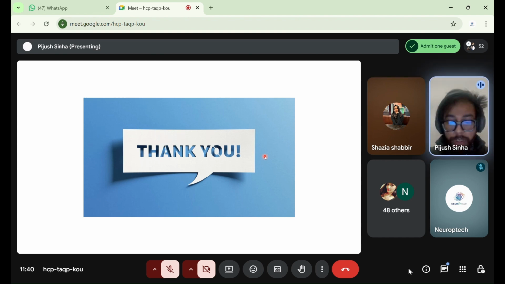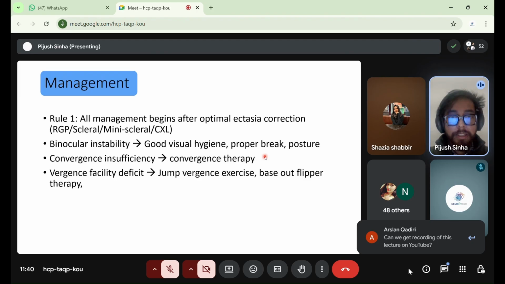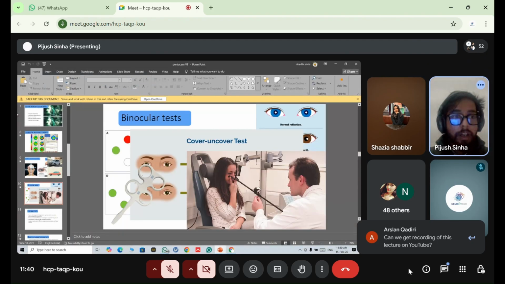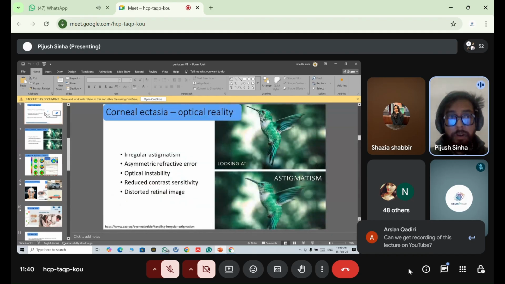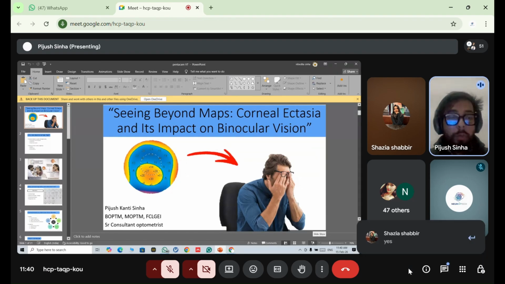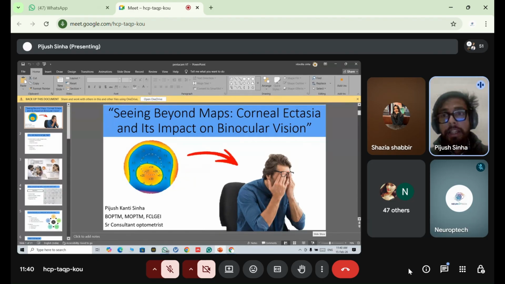Okay, so as we talk about our case, that is corneal ectasia, in this kind of cases, diplopia is most of the time because of the location of the cone. Suppose the cone is located inferiorly, it leads to vertical kind of diplopia. So at that time, when we give the proper optical correction with contact lenses, the diplopia actually resolves.